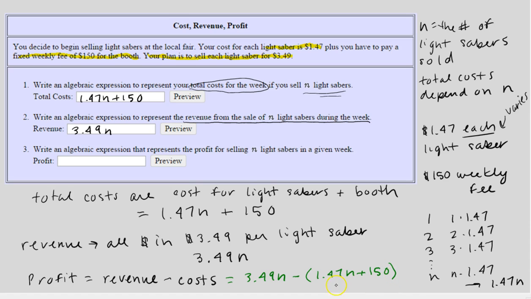Now notice I put the entire cost expression into parentheses because we need to subtract it all off. So if we didn't put parentheses, that would look like we were adding 150, but we don't get $150 for using the booth. We have to pay that fee. So now we're going to distribute. Let's make a little room. So we'll distribute so we can simplify our expression.